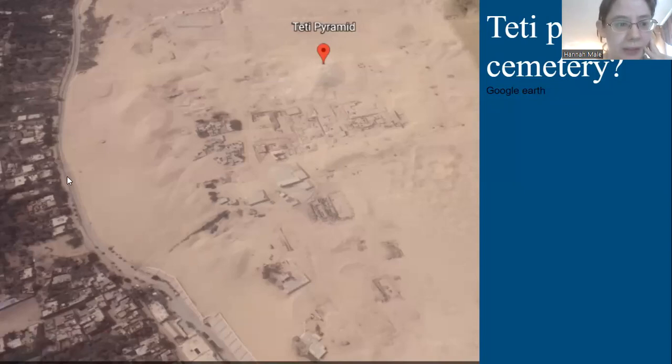And this is some of the modern Egyptian cultivation here, and I think this might be modern Cairo, or another part of modern Egypt that's actually lived in and inhabited.